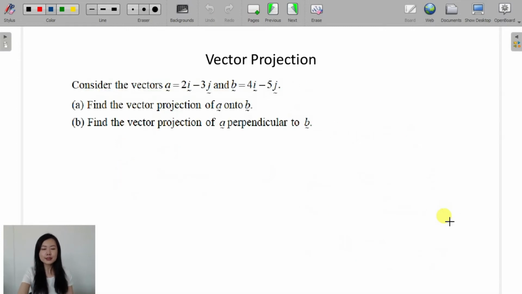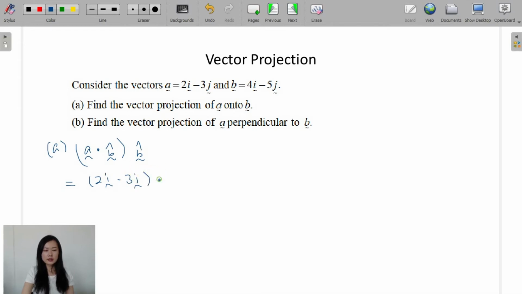All right, so let's have a look at an example. The vector projection. First of all, I'll just write the formula again. That's how we're going to calculate. So vector A dot vector B over the magnitude.